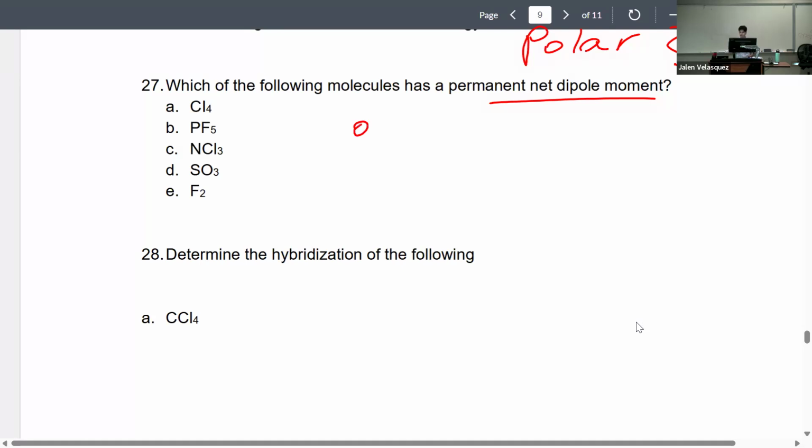And a hint to answer this is you cannot be too lazy and you have to actually draw all the structures out.